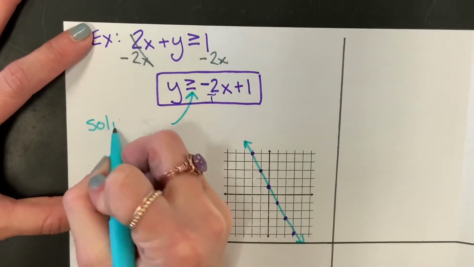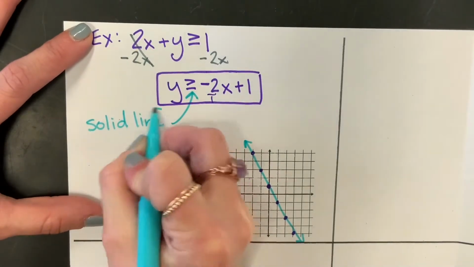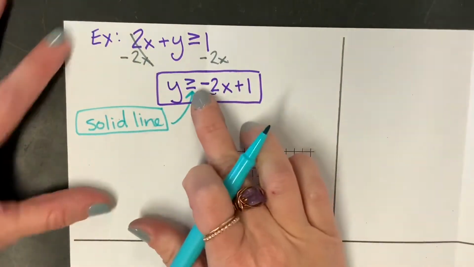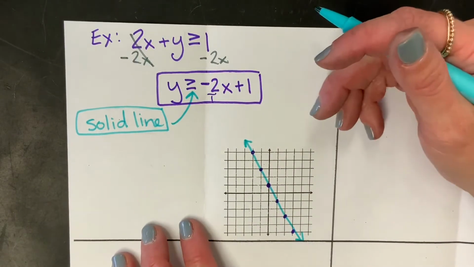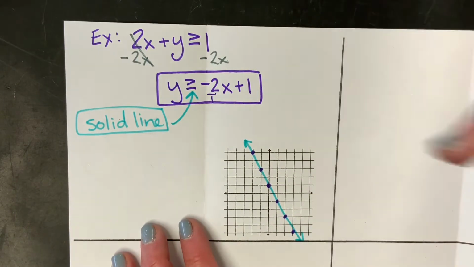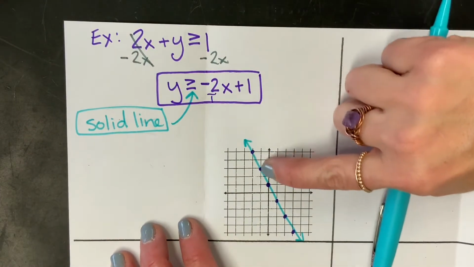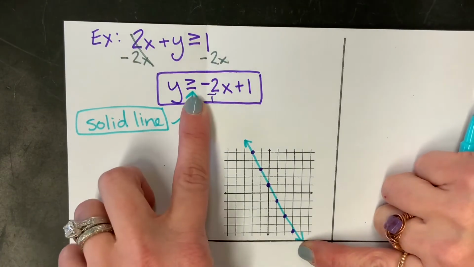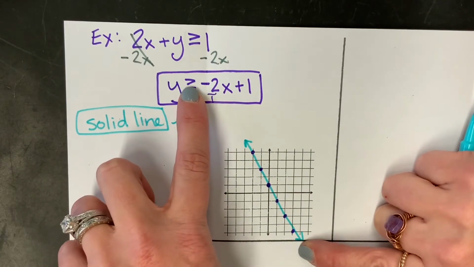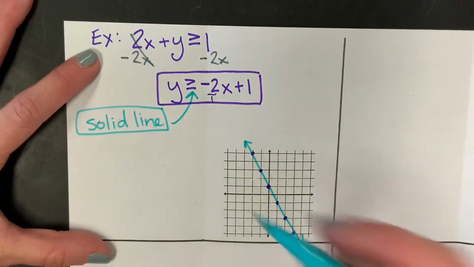It's going to be a solid line because it's or equal to. We're talking about the solutions, the points that satisfy this linear inequality. If it's a solid line, all of the points on that solid line are solutions. And then greater than means you shade above.